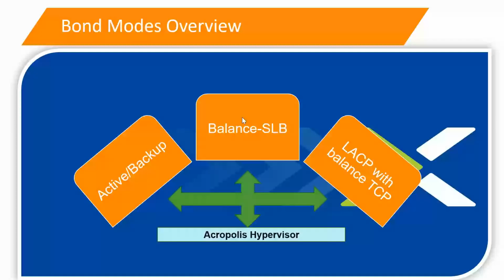Because you have two interfaces connected here, and the VM sends traffic to both interfaces. The traffic is distributed based on protocol: HTTP, SSH, DNS, FTP. But if one interface goes down, then all the traffic will use the remaining interface.